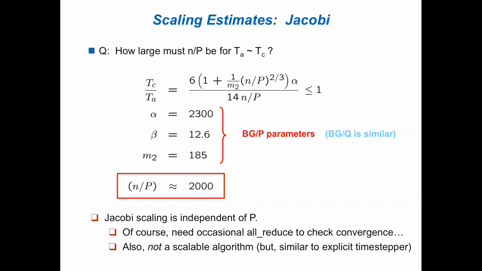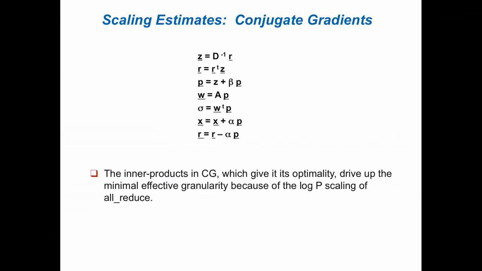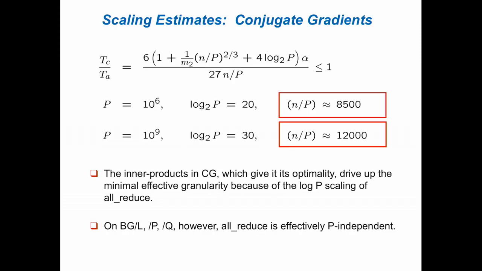And for conjugate gradients, as I mentioned, we have this matrix vector product and then a few extra operations with these 2 dot products. And this log p term now, with Jacobi, we had no p dependence, only n over p. Now we have a p dependence, so if p is 1,000,000, we'd need about 8,500 points per processor. If p is 1,000,000,000, we'd need 12,000 points per processor.